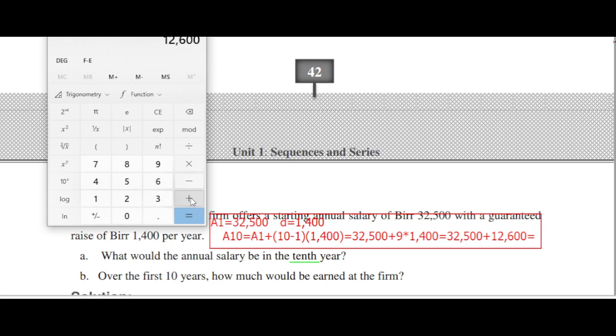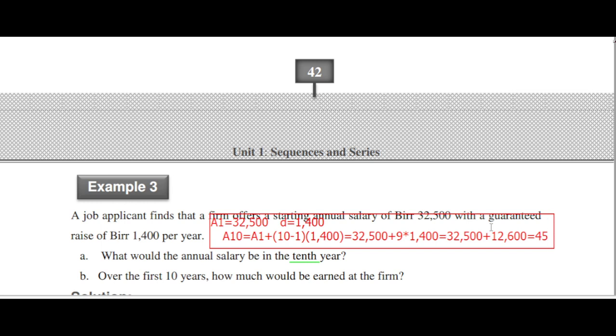Plus here 32,500 is equal to 45,100. This is question A's solution, 45,100.